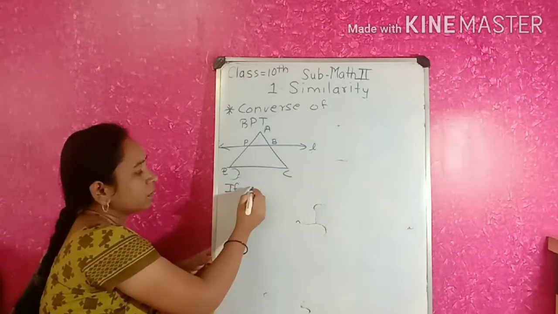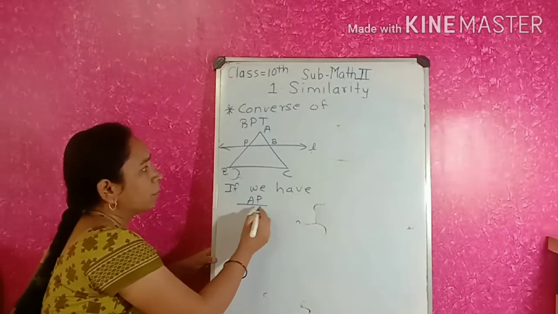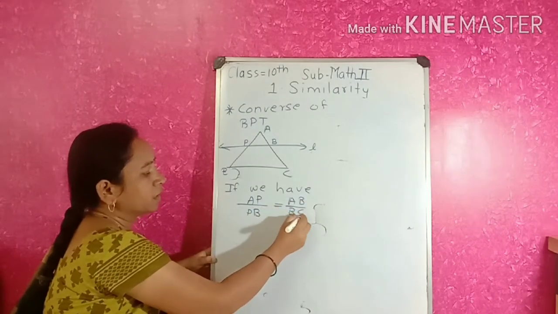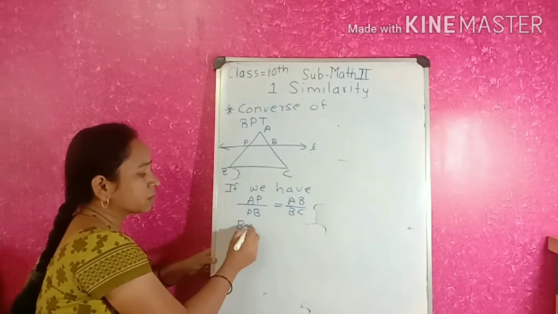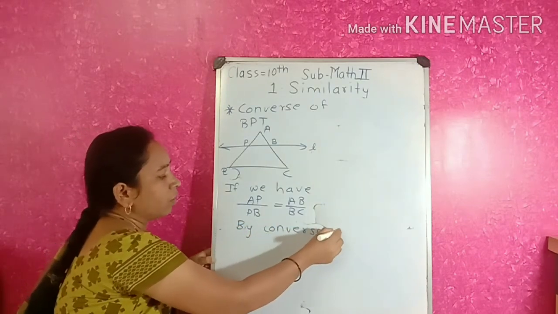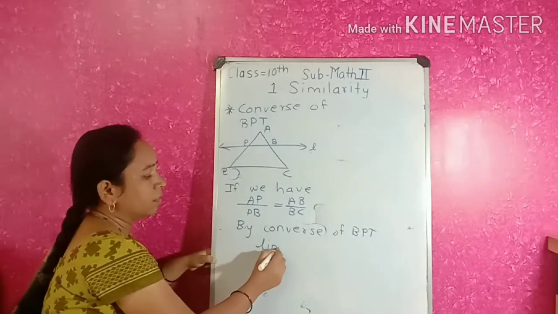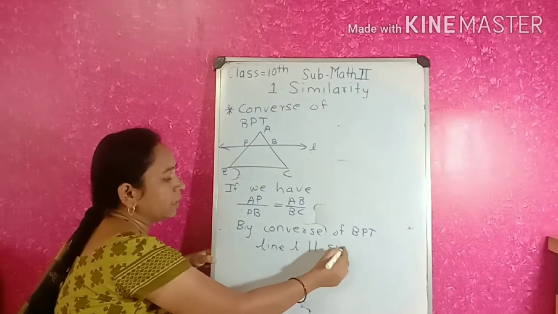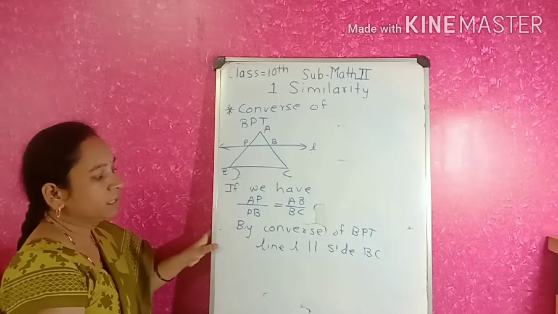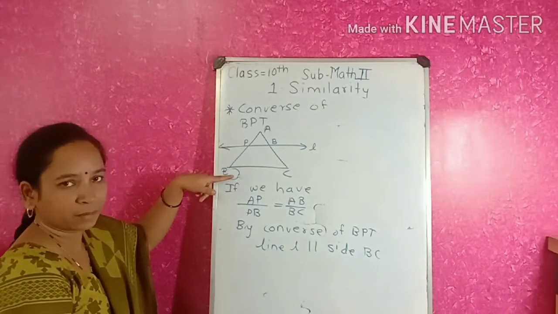If we have AP upon PB equal to AQ upon QC, therefore by converse of BPT, we can say that line L is parallel to side BC. So this is the converse of BPT. It is helpful to prove that the line is parallel to the third side.